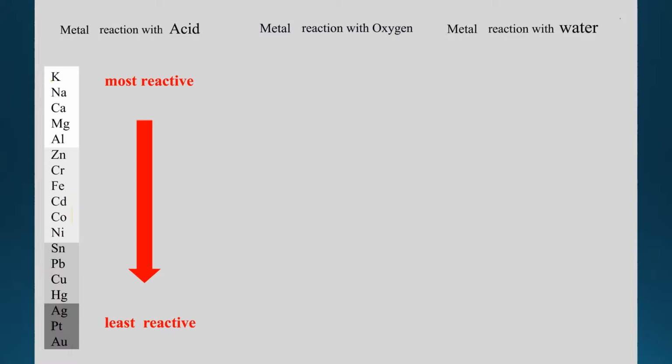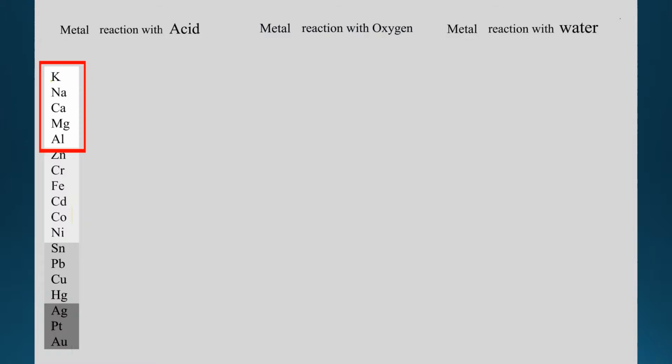Now I'm going to test it with different reactions: how the metals react with acid, with oxygen, and with water. This demonstrates the importance of the difference between more reactive and least reactive. Now let's start.